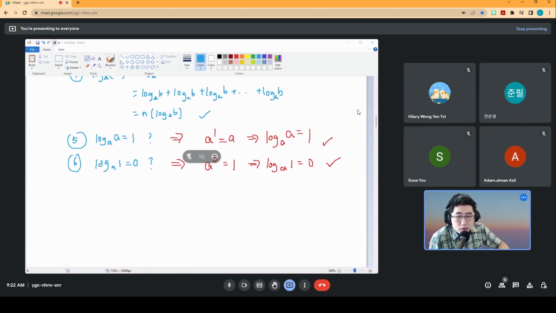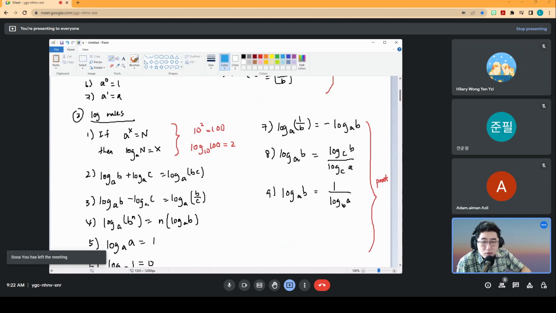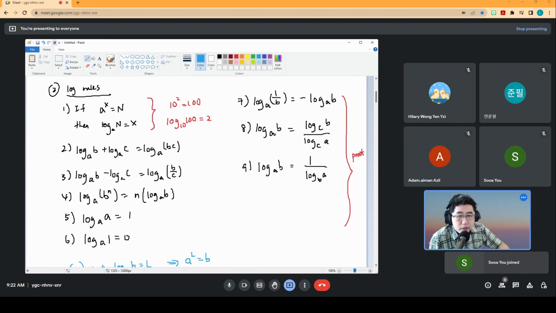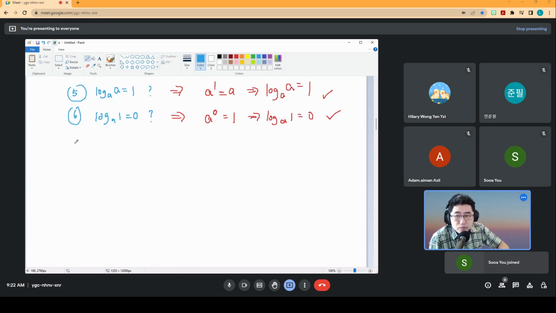Then number 7, log_a of 1 over b equals negative log_a b. Why is it so?